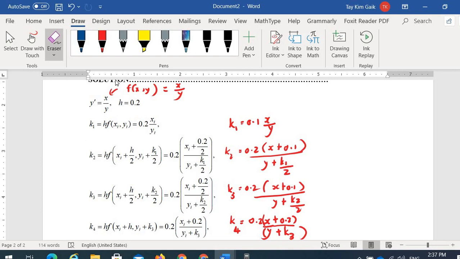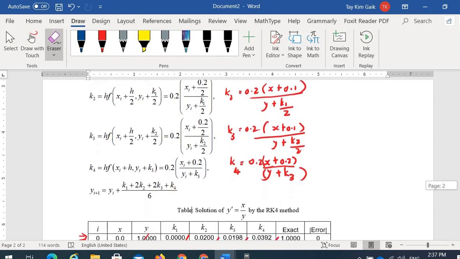For K2, when the calculator asks for Y, I key in the current Y value plus the current K1 value divided by 2. For K3, the X value is the same, so you just press equal to accept it. The Y value, you press the current Y value plus the current K2 value divided by 2. For K4, the X value is X plus H. The Y value is current Y plus current K3.